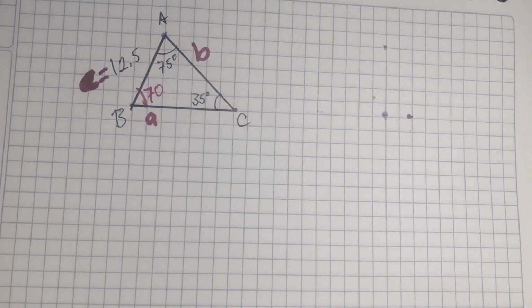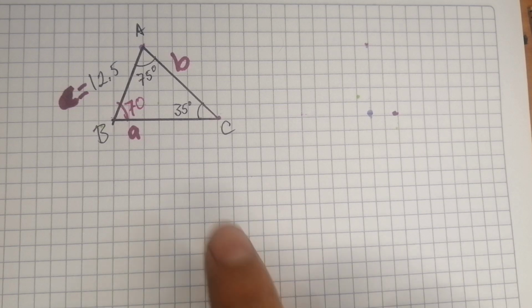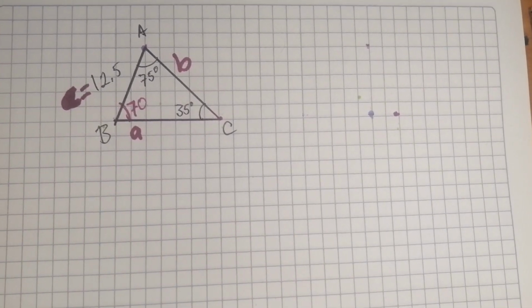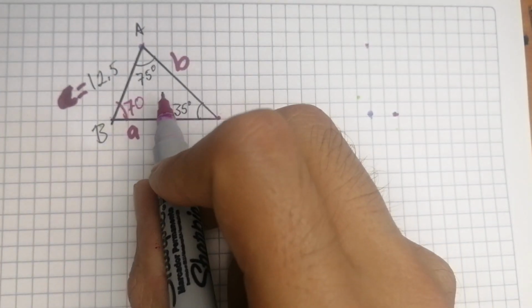Now, what are the only two unknowns that we have left in this triangle? The only two unknowns are the length of B and the length of A. So we are going to find them using the sine law. How do we apply the sine law here? Very easy.